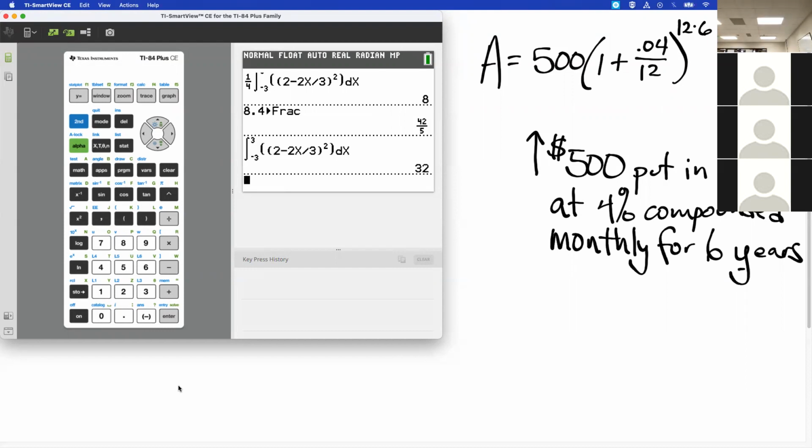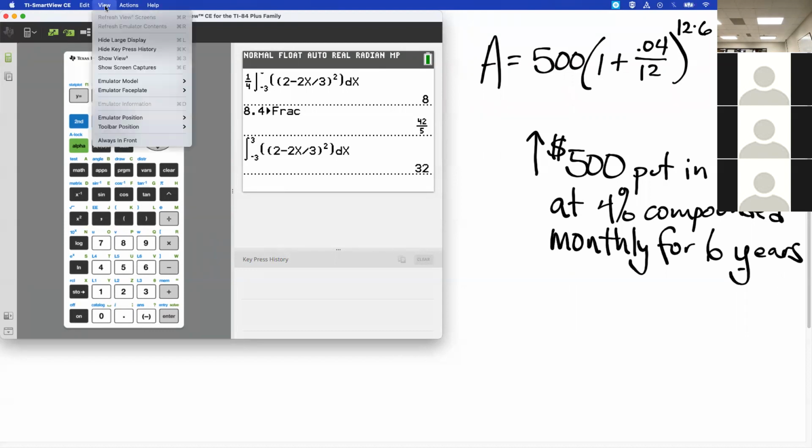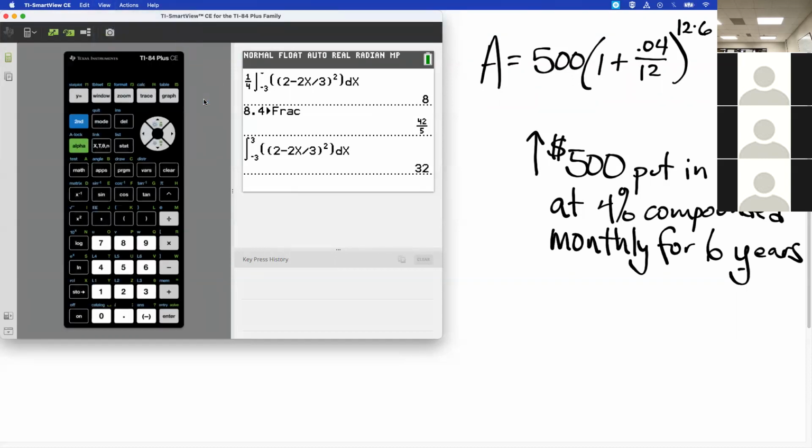Okay, so if you're using the calculator on your Chromebook, it should be this exact same calculator, might be a different color or something. Gray maybe. Black, okay. Yeah, is it just a regular calculator?